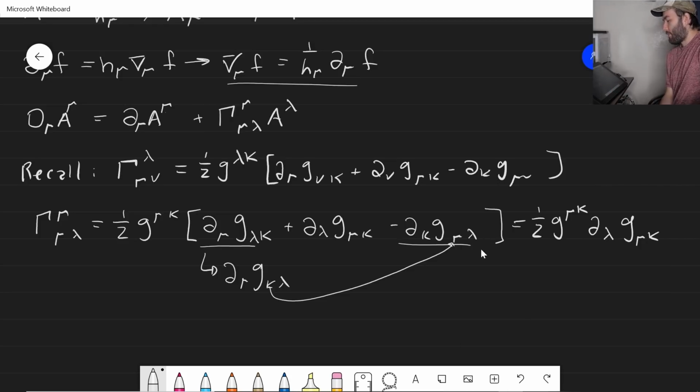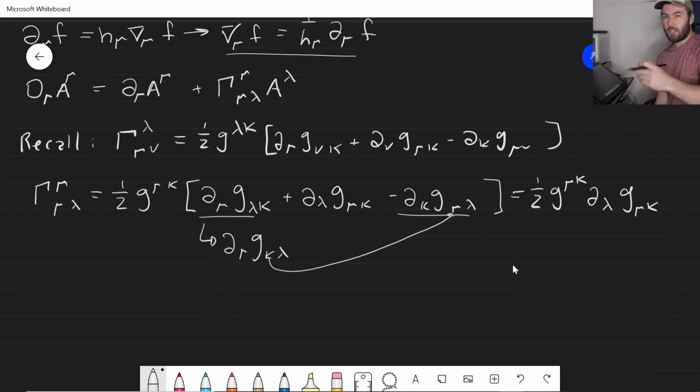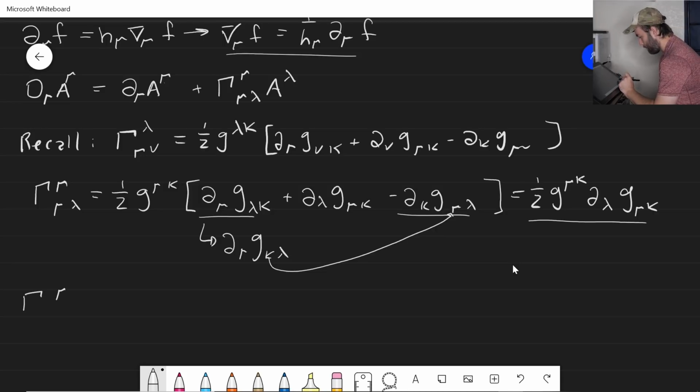And here comes the step that I said that I'm skipping. I'm saving it for another video. This expression can be simplified: Gamma^mu_{mu lambda} is equal to 1 over the square root of the determinant of g, times the derivative with respect to the lambda-th coordinate of root g.